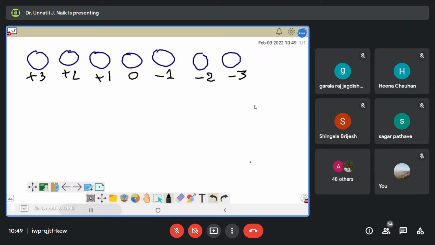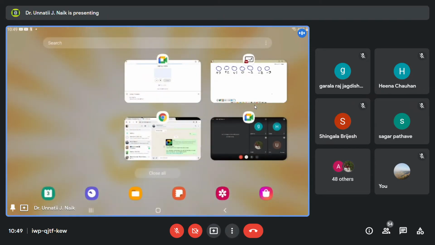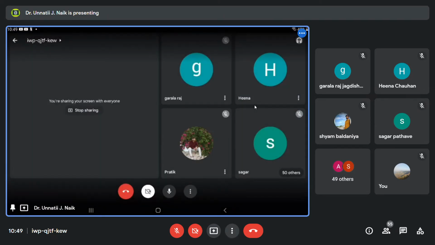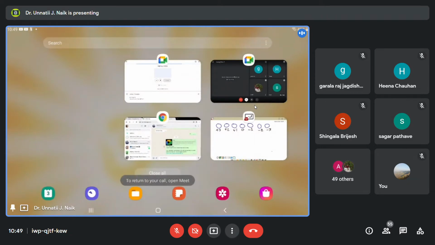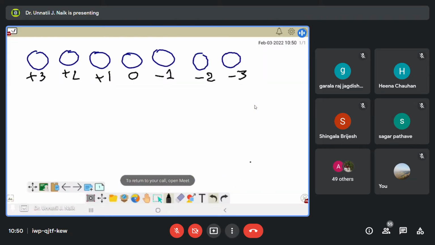Now, as we said, we have two electrons. So the ways to arrange the two electrons in these suborbitals are different. First of all, if I consider that the electrons will be arranged like this.